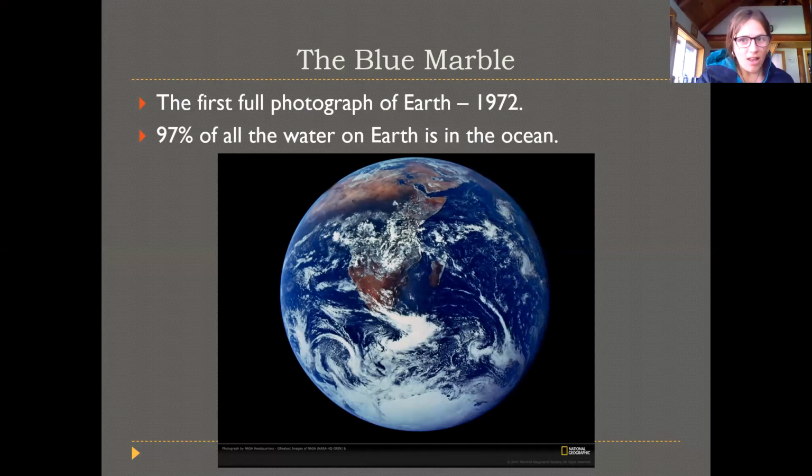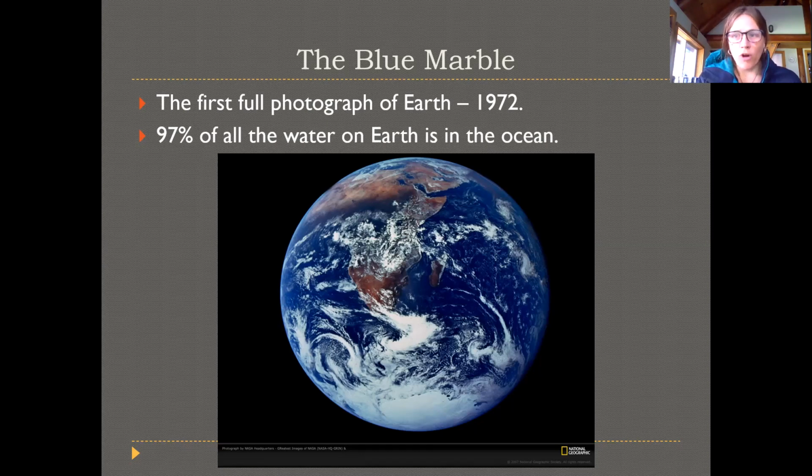So it was not that long ago that people had actually never seen a picture of the whole Earth before, even though today we're so used to seeing this kind of thing. And it's called the Blue Marble because, of course, it looks primarily blue. You can see Africa and the Arabian Peninsula, but mostly we see a lot of ocean with some clouds. And of course, both the ocean and the clouds are made of water.